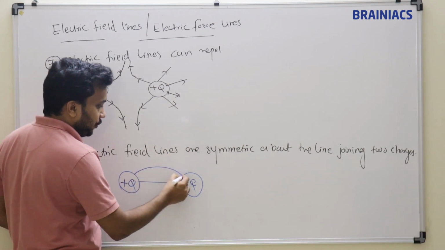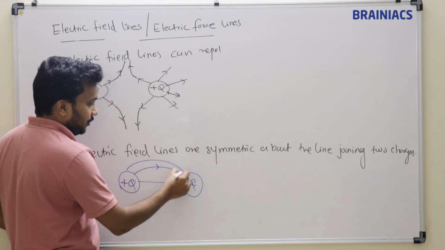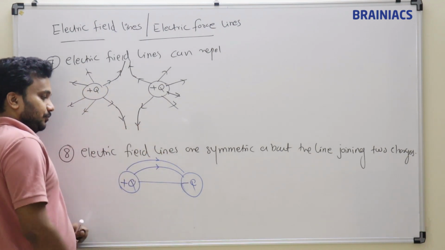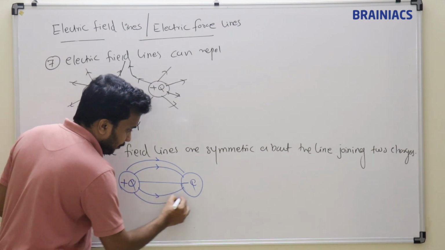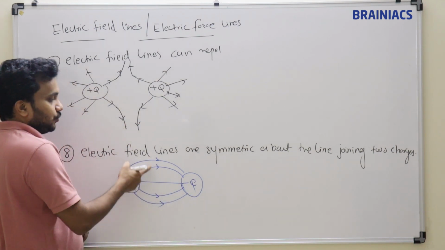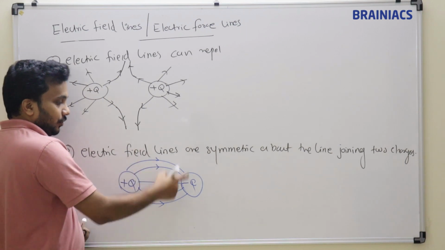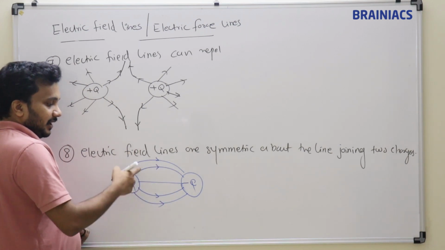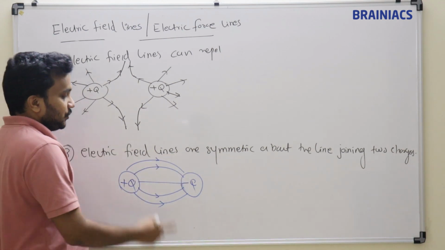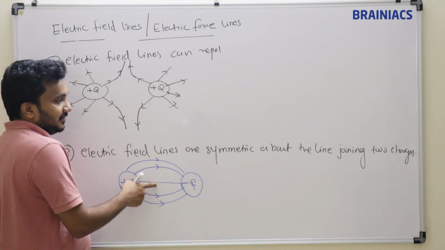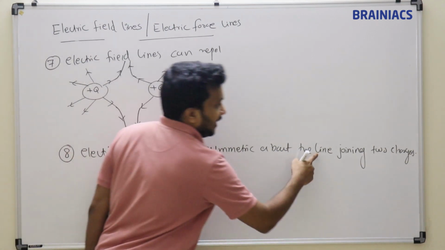Symmetrical means if I have two lines like this, two electric field lines on top of this one, then definitely I have the next two lines on the bottom. And remember, these lines do not cross each other, do not form a closed loop, and these lines will never cross. They are parallel in nature. This is called symmetrical about the line joining.